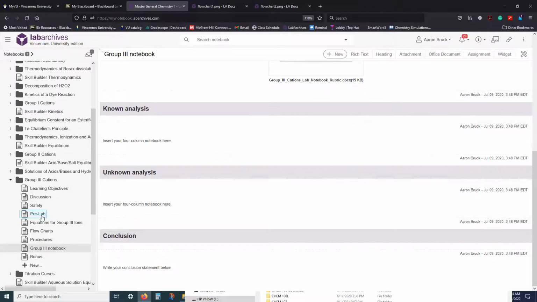Again, part of your pre-lab is to pre-build those tables and upload them here into the notebook so that you are ready to go day 1 and you're not sitting around waiting. We saw what happens in the group 2 analysis when we are just sitting around waiting. Things go a lot slower than they should.